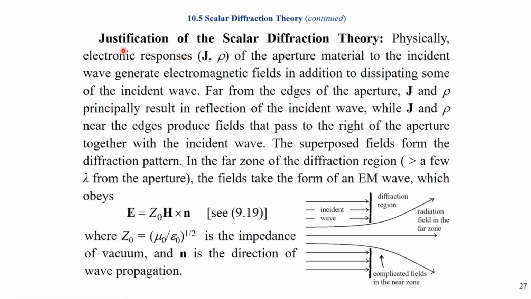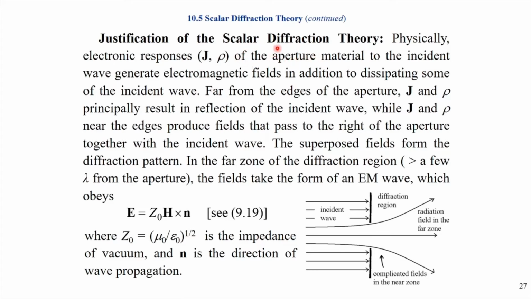But remember, the E field and B field are not scalars, they are vectors. So why do we use scalar diffraction theory? Why is scalar sufficient? Physically, the electronic responses, J and rho, of the aperture.